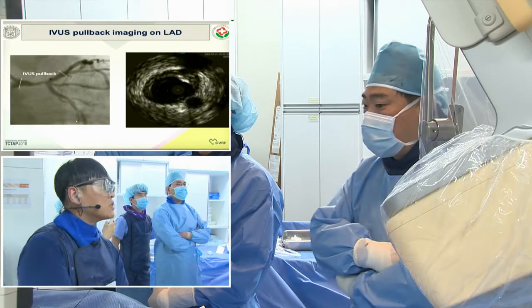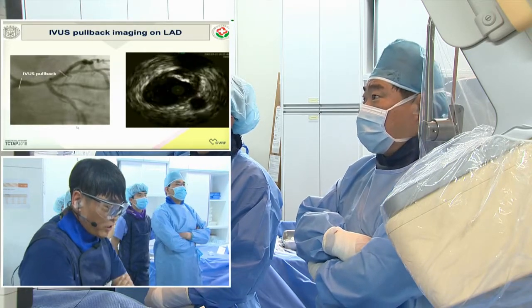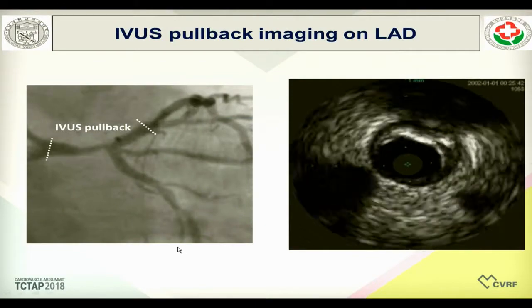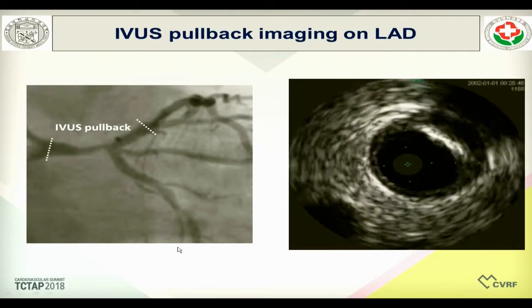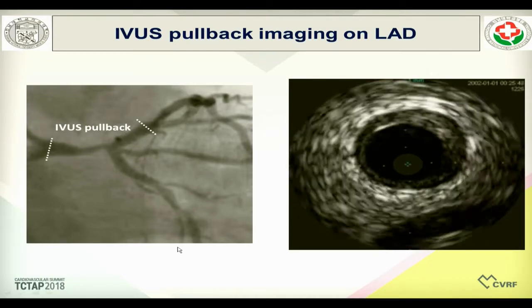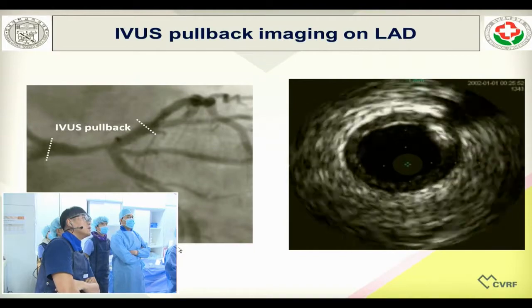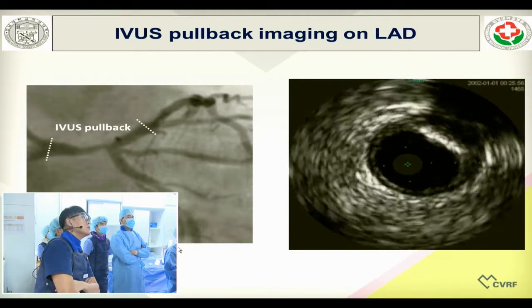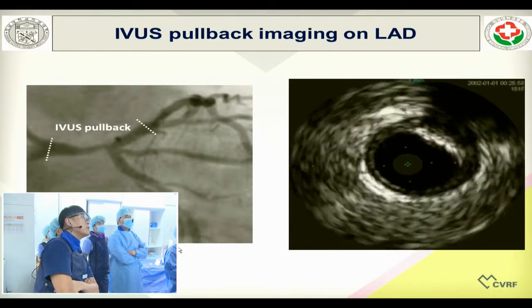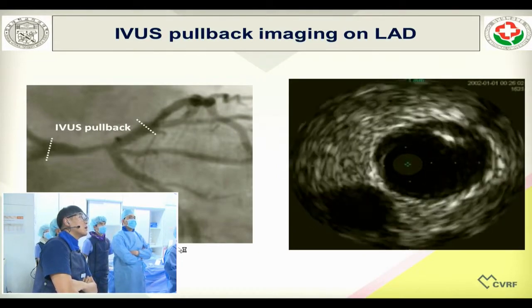Yeah, so we did this IVUS pullback from the proximal LAD with the D1 and the septal branch trifurcation. Here you can see the eccentric calcified plaque, and the proximal LAD body is relatively healthy. And here is the ostium of the LAD. The circumflex is coming up at 7 o'clock.